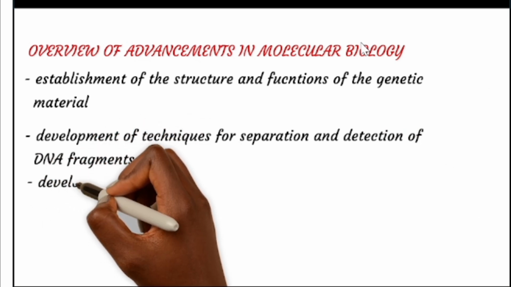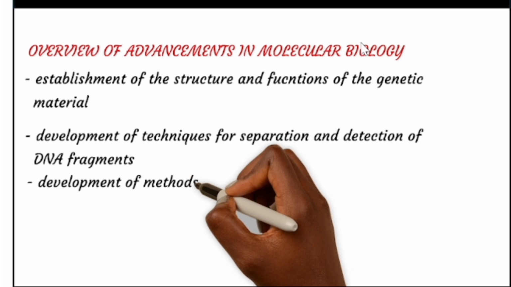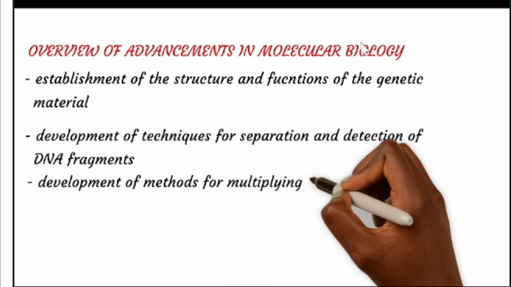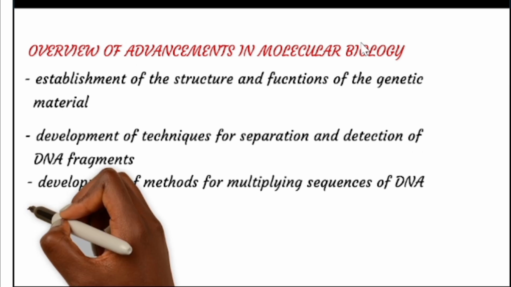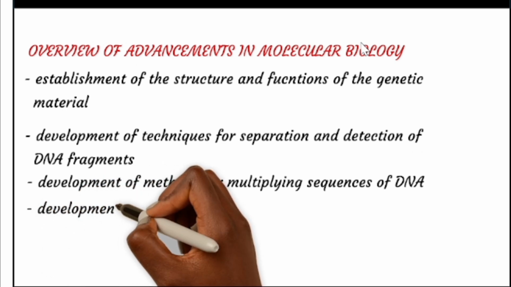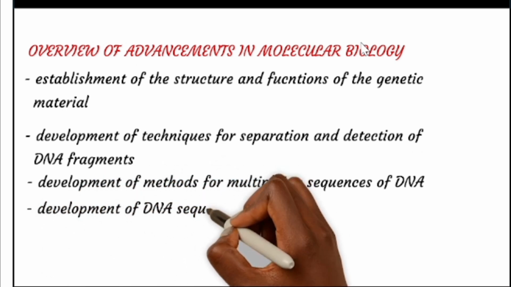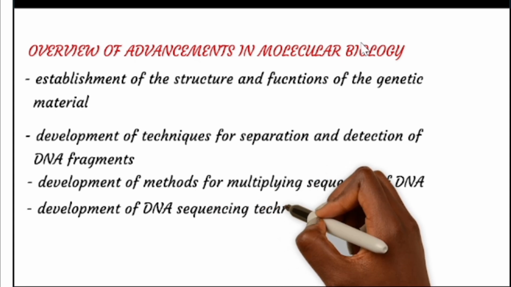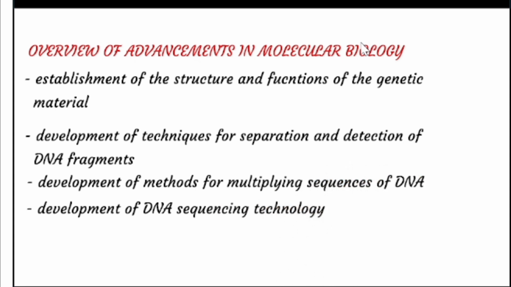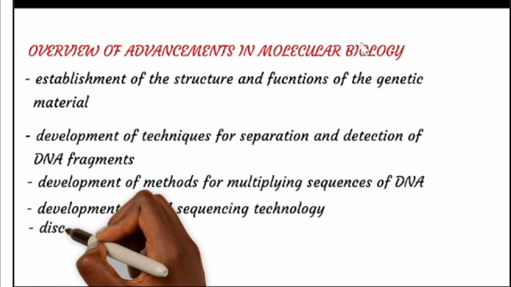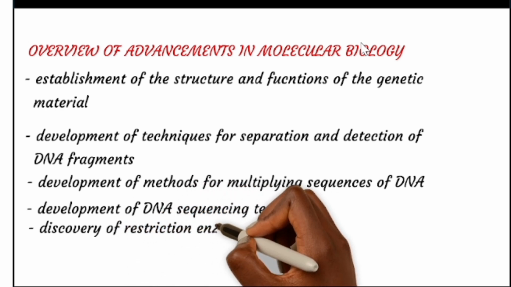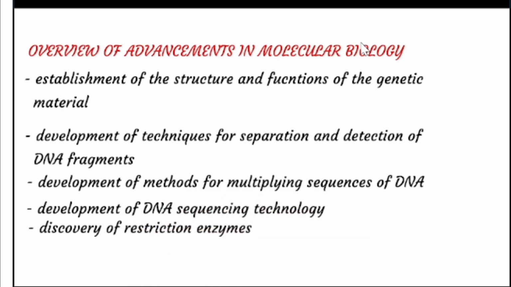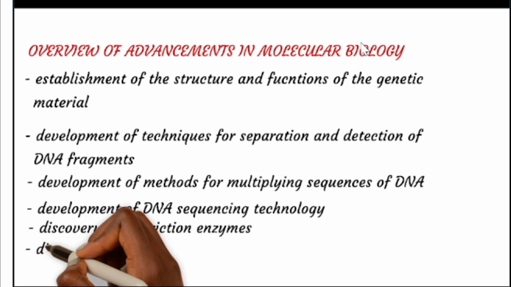Another one is the development of methods for multiplying sequences of DNA or genes. A typical example of that is the polymerase chain reaction. All right. We also have the development of DNA sequencing technologies. There are different technologies for sequencing DNA. We also have the discovery of enzymes which are capable of cutting DNA at sequence-specific sites, or sequence recognition sites.